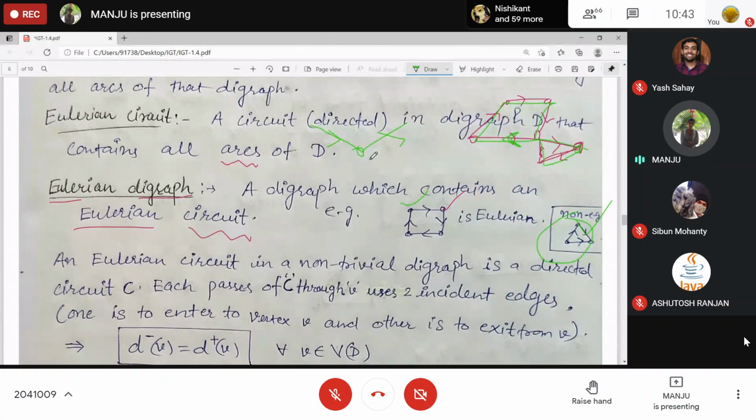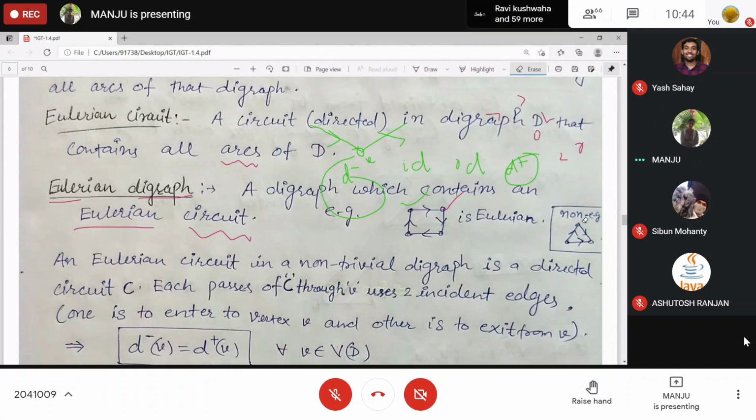This is contributing to the in degree and out degree, or you can just say d minus and d plus. Here, the circuit is contributing to both in degree and out degree. Clear? Understood?